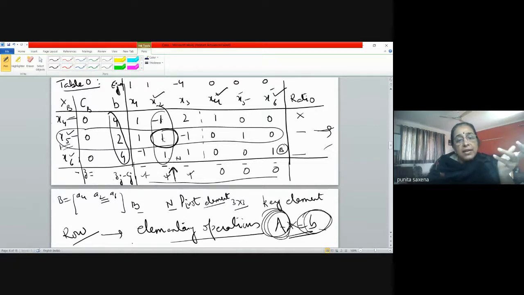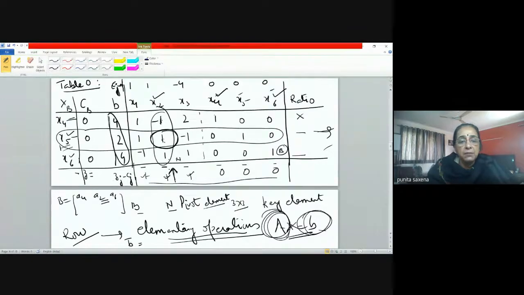So accordingly, you will get a new B bar. ये values change हो जाएंगी, because हम elementary operations इन पे भी लगाएंगे, तो ये वाली values भी तो change होंगी. That will define my new solution. Okay. So this is how the simplex method works with the tabular form.